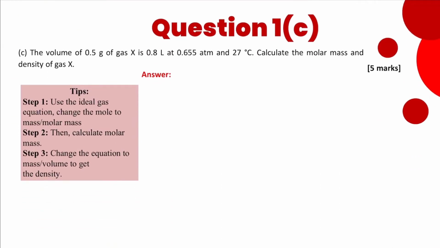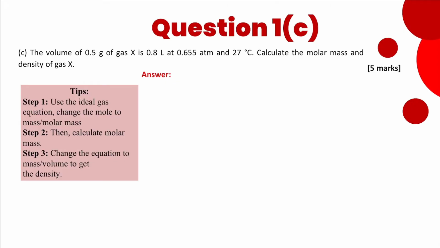Now let's look at question 1c. In question 1c, the volume of 0.5 gram of gas X is 0.8 liter at 0.655 atm and 27 degrees Celsius.